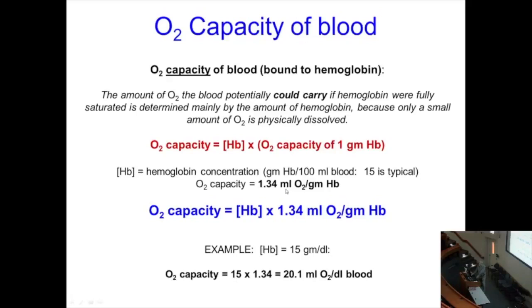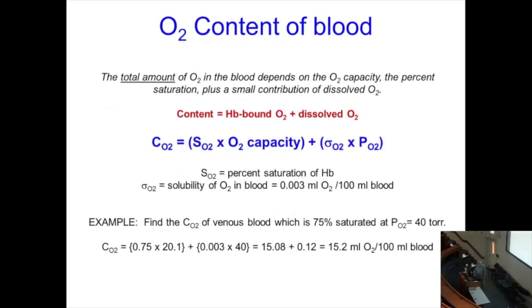A normal person has roughly 15 grams of hemoglobin per deciliter of blood. So 15 times 1.34 is 20.1 milliliters of oxygen per deciliter of blood. So this is the oxygen capacity of blood.